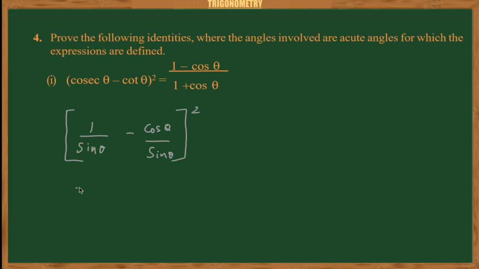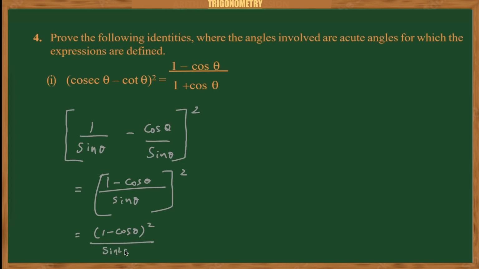So further, let's see, the LCM is sin theta here. Sin theta, 1 minus cos theta, whole square. So this becomes 1 minus cos theta whole square divided by sin square theta.